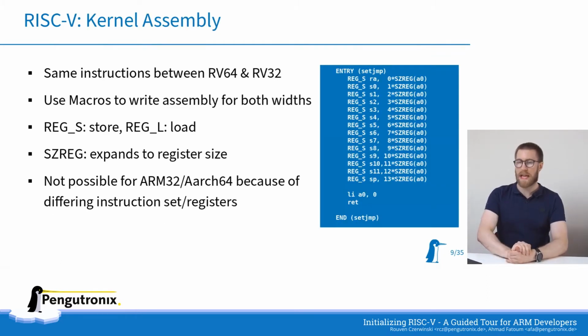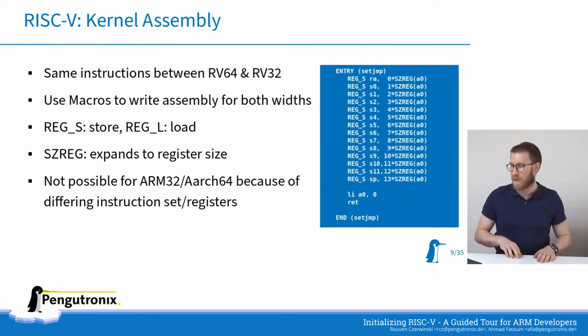Let's take a short look at kernel assembly. Since the RISC-V 64-bit instruction set and the 32-bit instruction set carry the same instructions, we can use macros to write assembly for both at once.